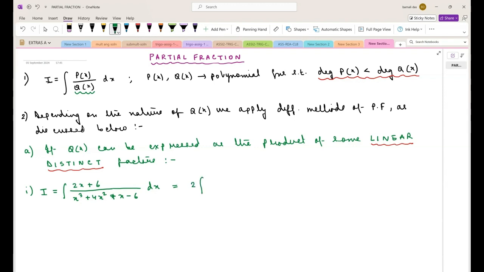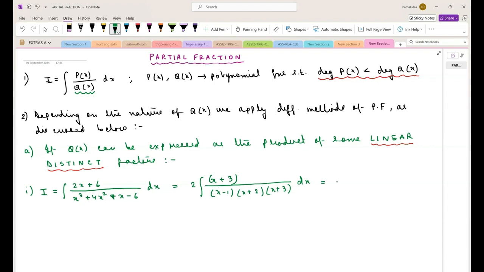So 2x plus 3. Now all of you know how to factorize a cubic polynomial, so I'm not going into the details. So you will get x minus 1, x plus 2, x plus 3 dx. Now incidentally here x plus 3 get cancelled.